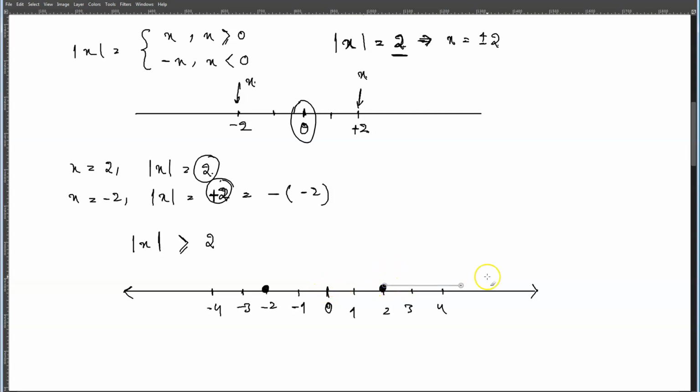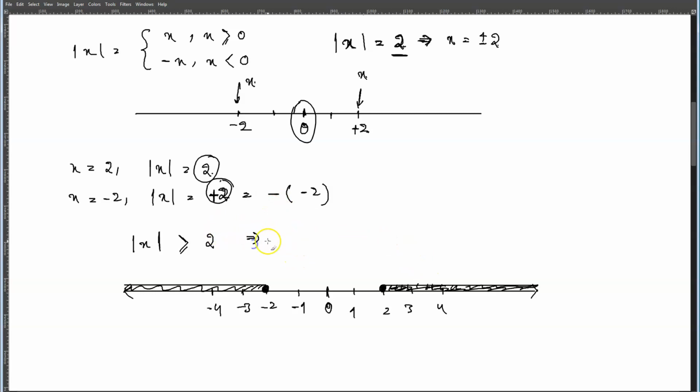And also all the values greater than 2 are going to fulfill this condition. Meaning that I'm looking for all the values of x whose distances are greater than or equal to 2 units from the 0 mark on the number line, which gives me all of these solutions.